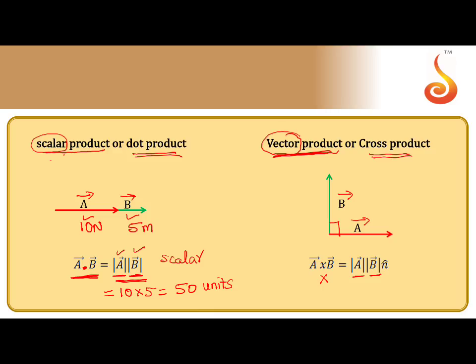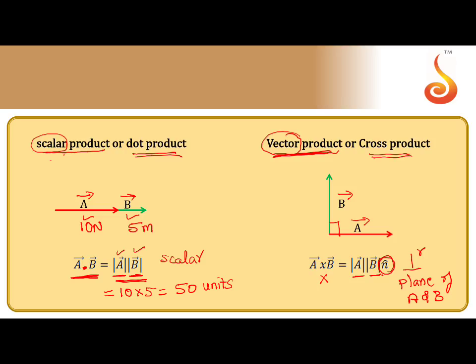So when you multiply the magnitudes, you get the answer also to have only magnitude. In order to indicate the direction, I am using n cap. N cap is in a direction perpendicular to the plane of A and B. A cross B vector is in a plane perpendicular to the plane of A and B.